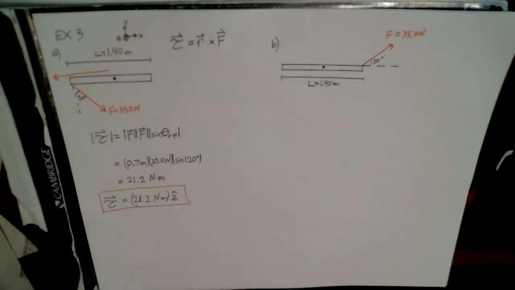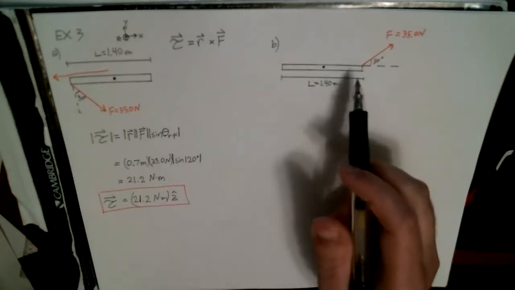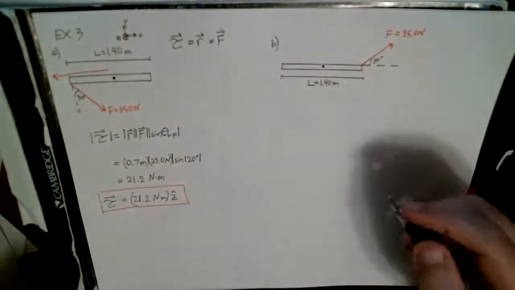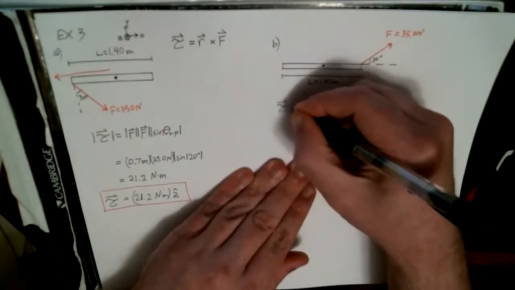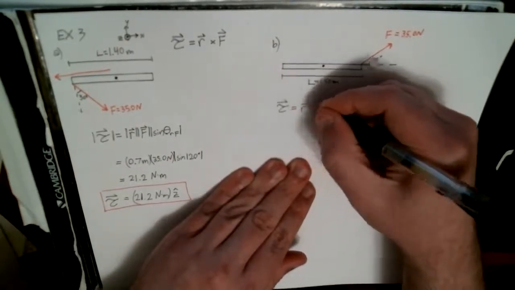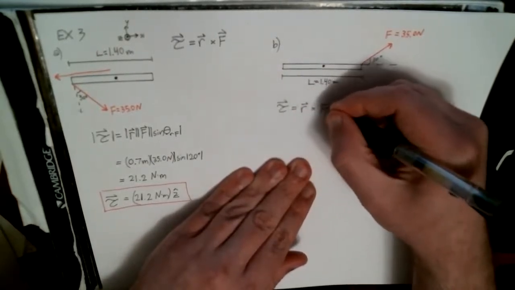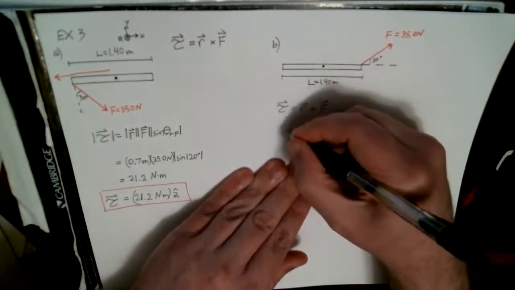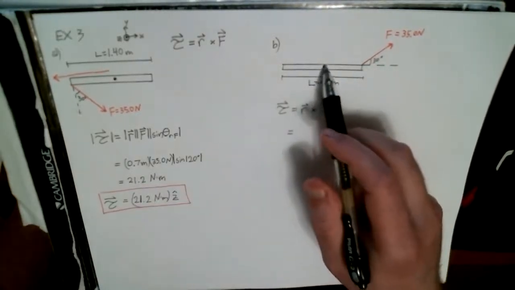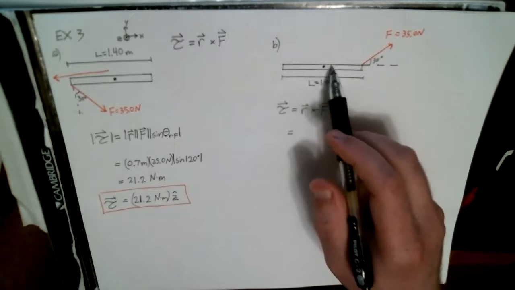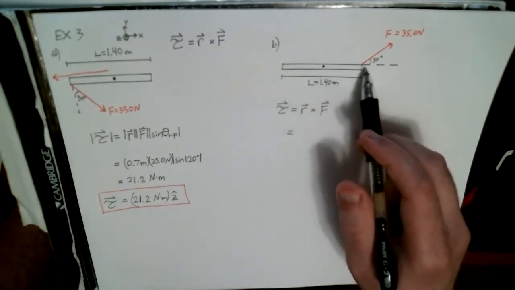For part B, we're going to try this another way. We'll just go straight to the torque vector by writing out our r and F in unit vector notation. Our torque is again r cross F. We're just going to work that out in a slightly different fashion this way. Our r vector points from the pivot to the right end of the rod.